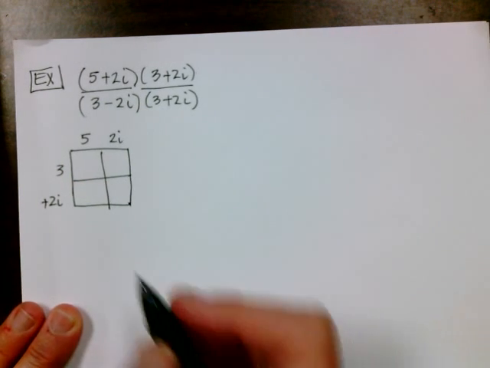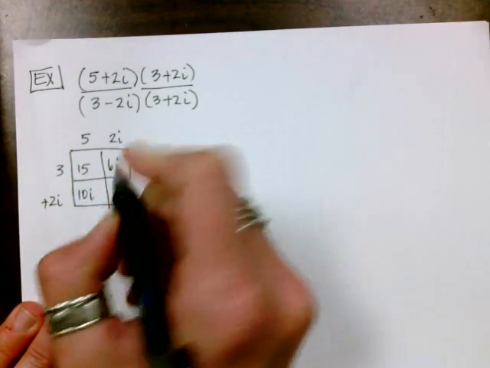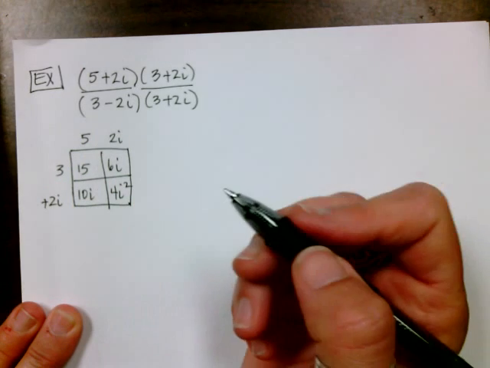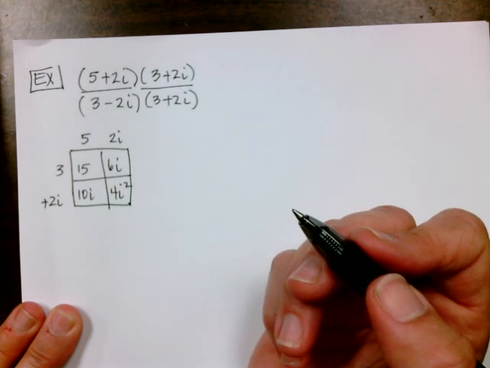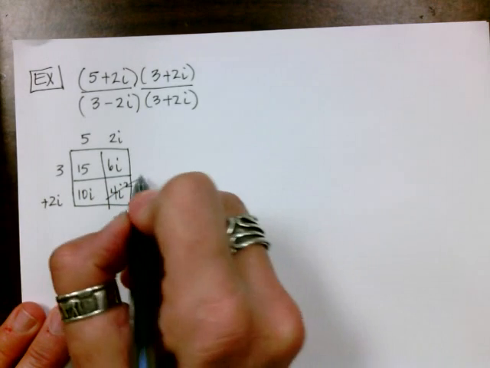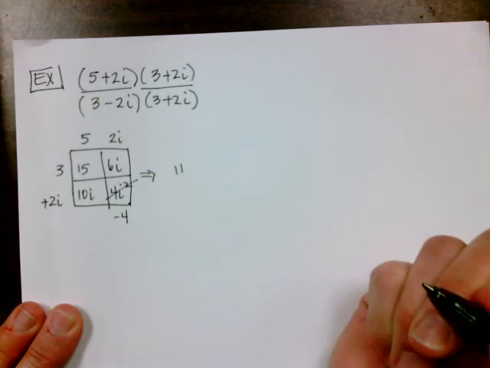If I do that multiplication, this is 15, 10i, 6i, 4i squared. So this becomes a negative 4. If I add those things together, 15 minus 4 is 11.